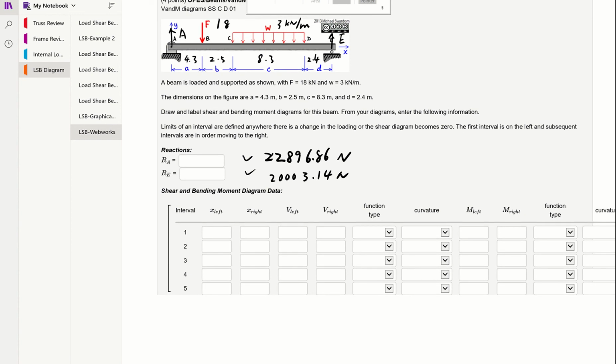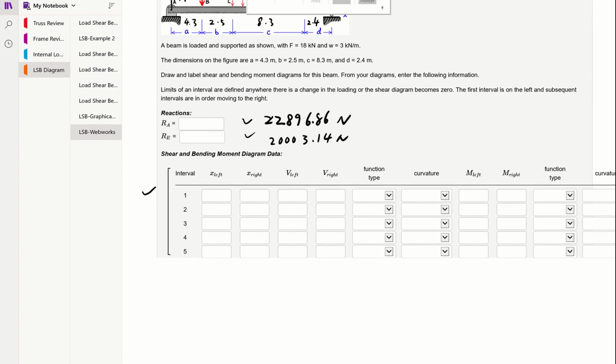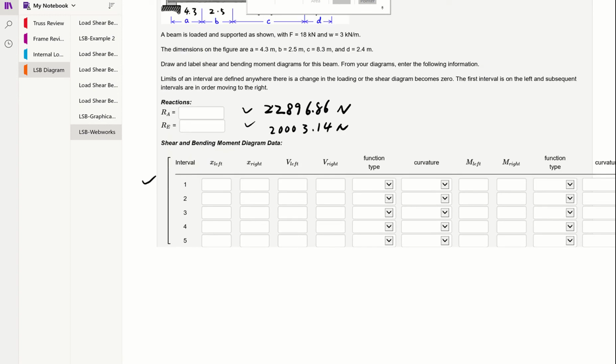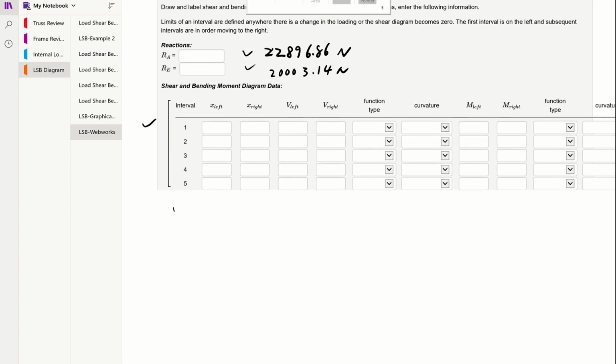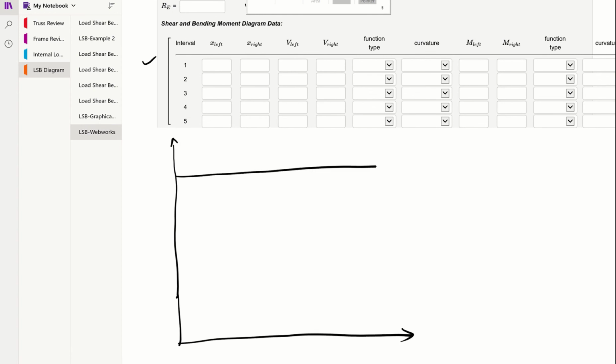My focus of this video is to help you figure out how to fill in those blanks in these tables, right? We learned about the graphical approach for the load shear bending diagram. So we're about to draw this for load shear bending. And the first here will be our loading.